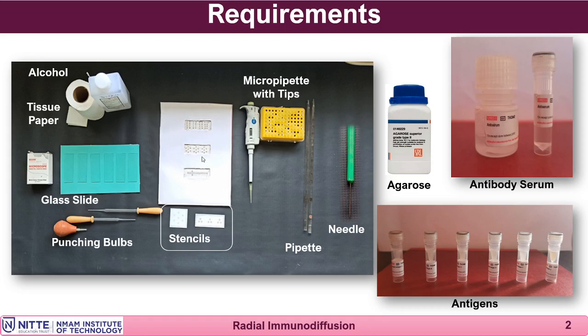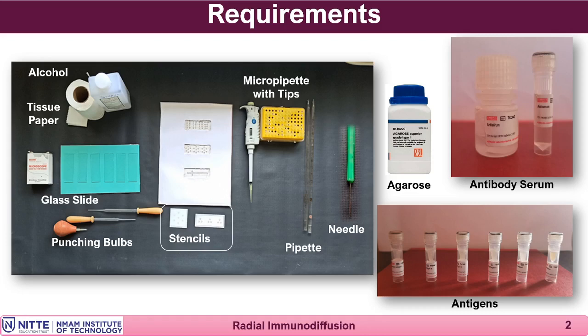And you will need the pre-marked stencil, and that stencil will have markings which can be seen through the transparent agarose gel, and based on the position of these markings one can punch the agarose gel so that you will get a uniform pattern. And a micropipette for loading the sample. The samples, that is antigen and the antibody, can be loaded into the well using a micropipette.